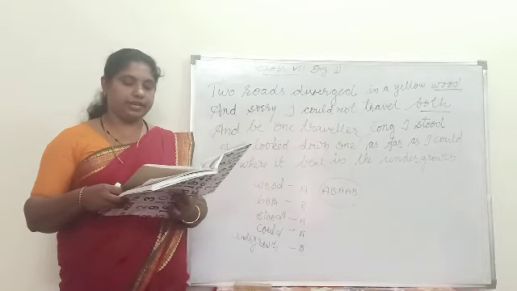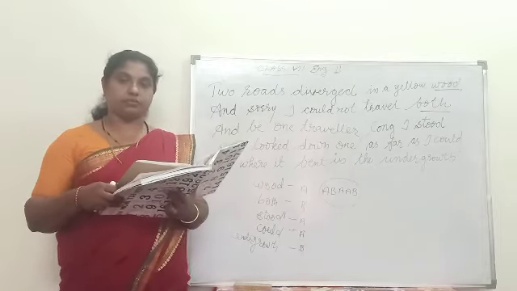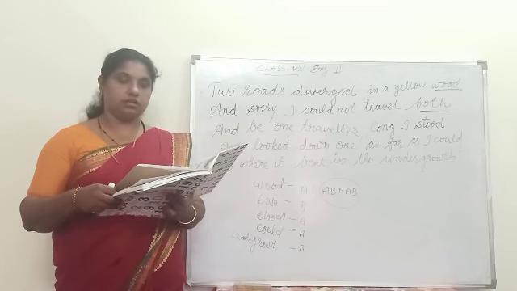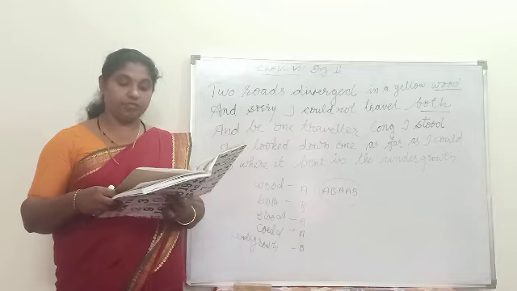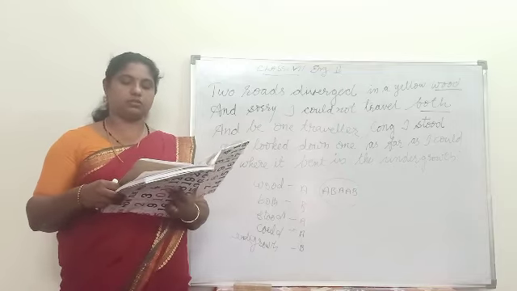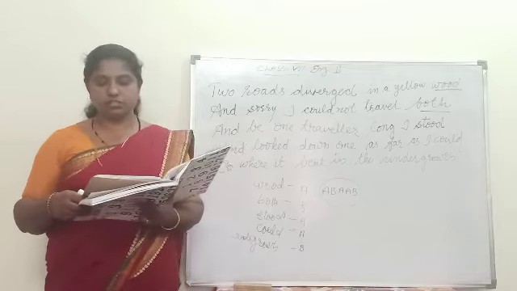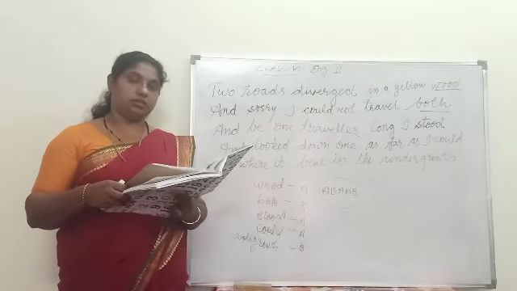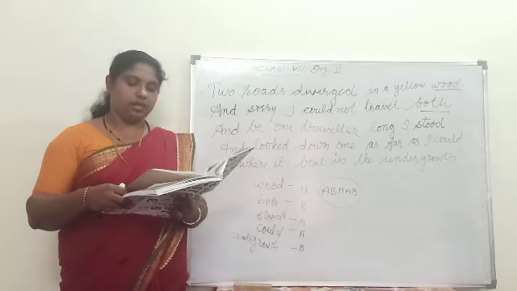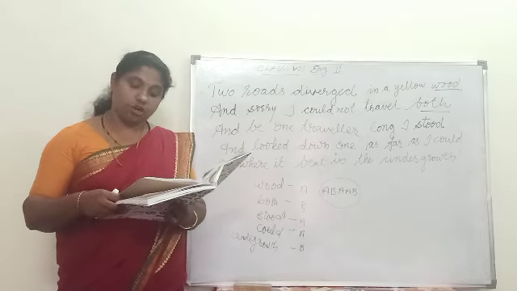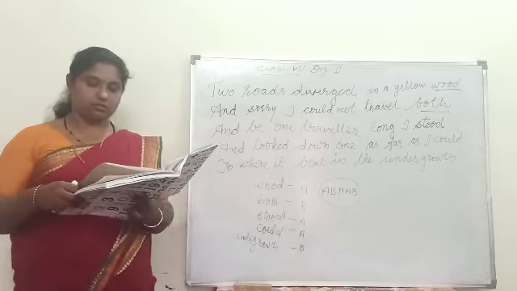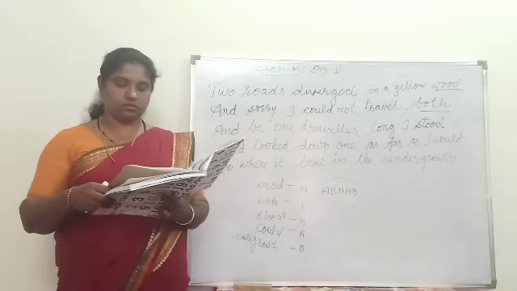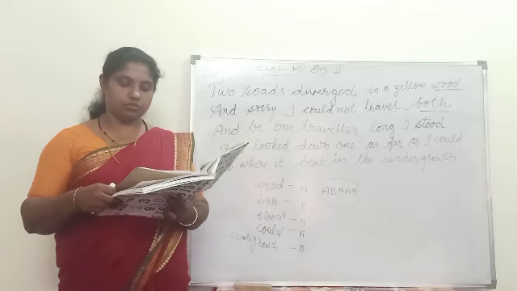The poet would be telling with a sigh that he had to make a difficult choice in his life, that is to choose one of the two paths in the yellow wood. Okay.